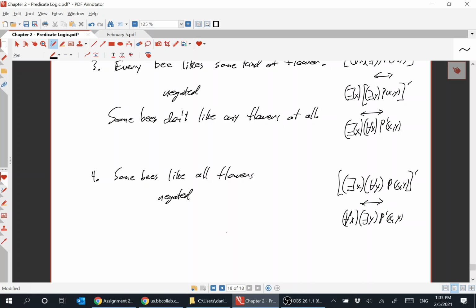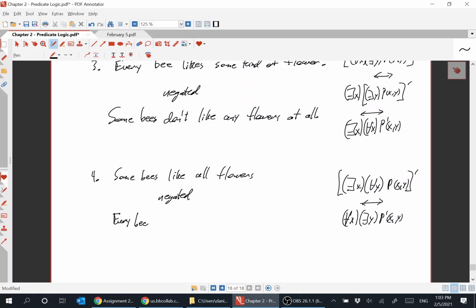So some bees like all flowers. Negated is, well, all bees. All bees what? Don't like some flower. You want to say it singularly, every, even though it's universal, you can say it singularly or plurally. Every, like all bees, that's a plural type statement.